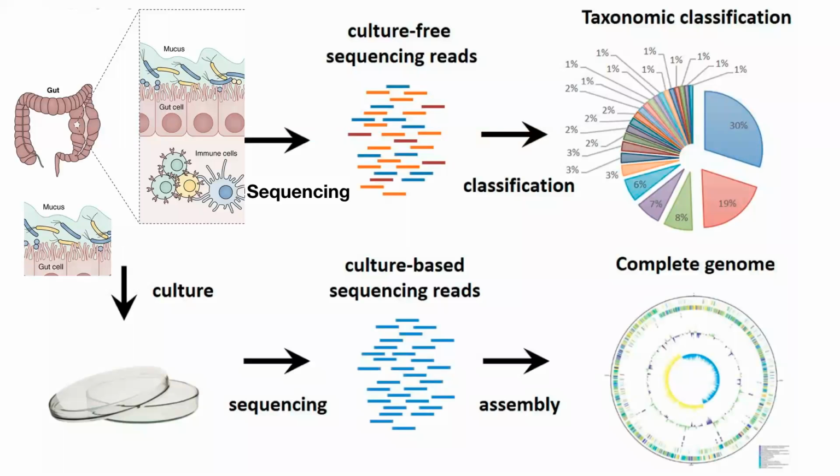That's not to say that we don't apply sequencing to cultured bacteria. Here we'll start talking about some of the challenges. Here you see the gut, and you want to, for example, study the bacteria and the microorganisms that live in the mucus around the gut cells. Obviously, there are going to be several challenges. How do we separate what is in the mucus from all the other cells? You have the immune cells, you have the gut cells, you have what's inside the gut.